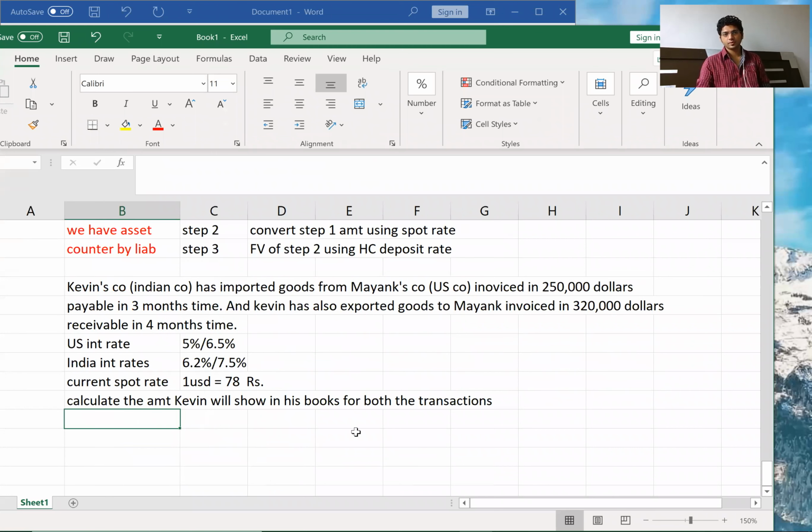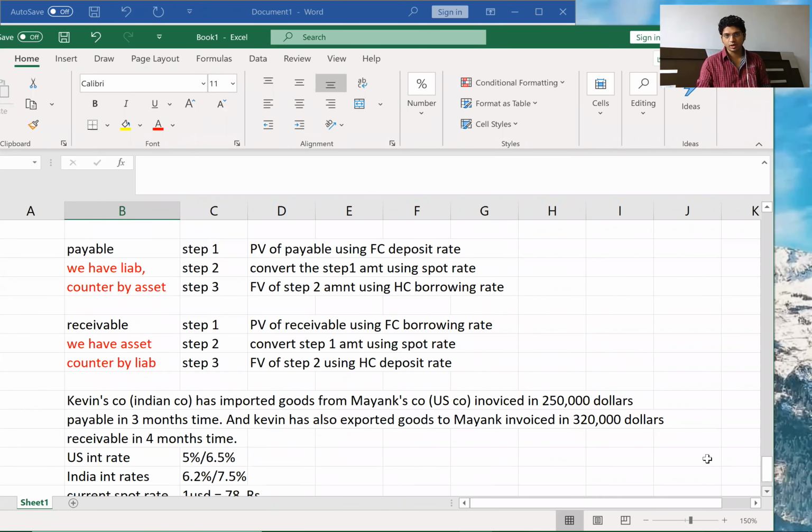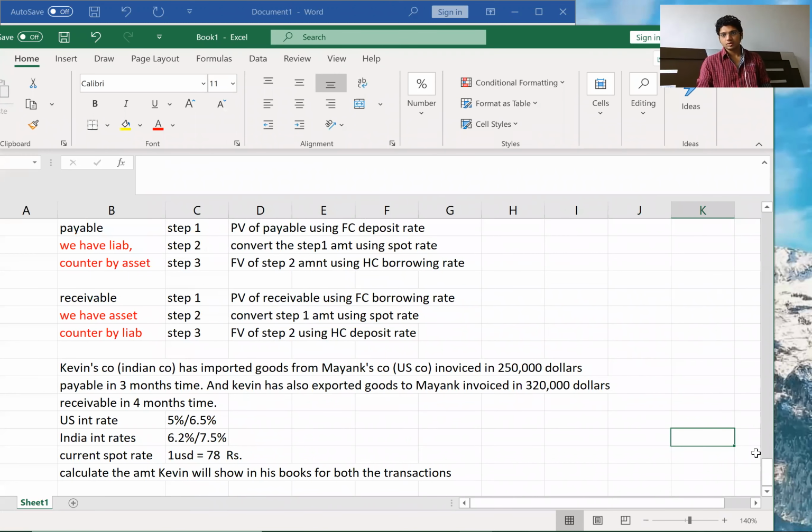Do it then. So one is a receivable question, one is a payable question. The formulas you have over here. So do it separately for payable. Why do we have to do it separately? You understood now? Because one is payable in 3 months and another is receivable in 4 months.